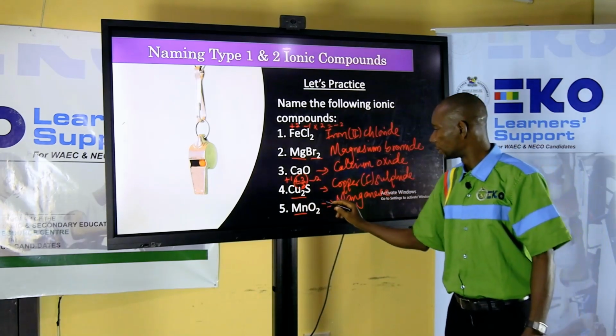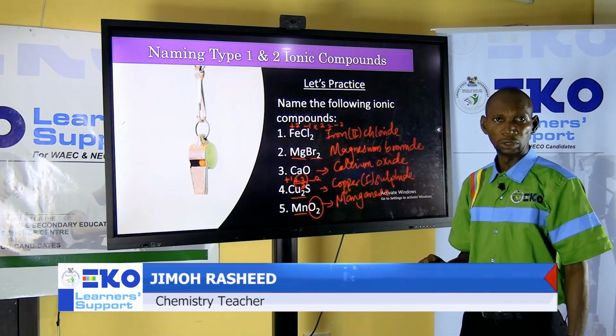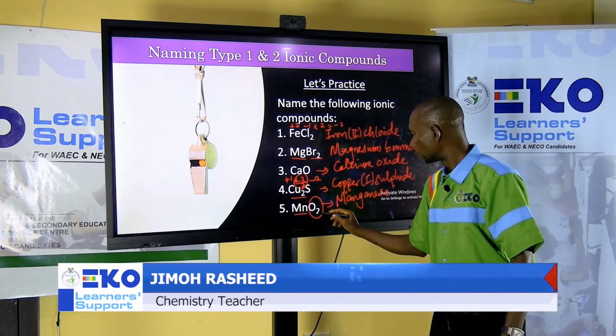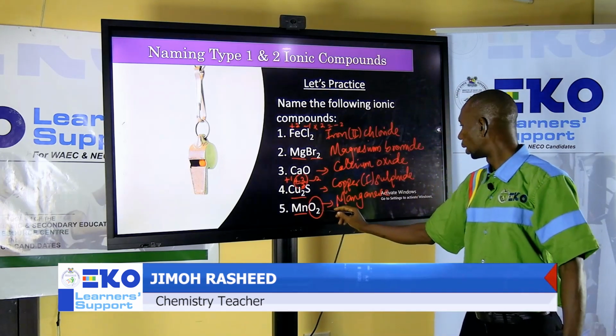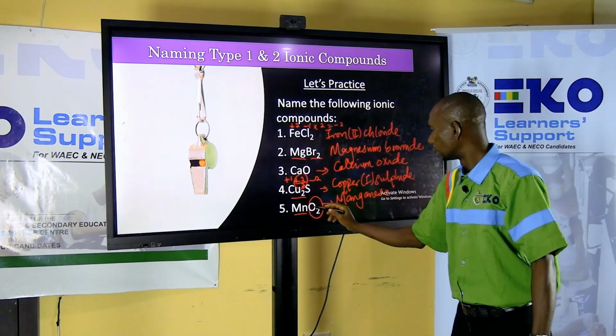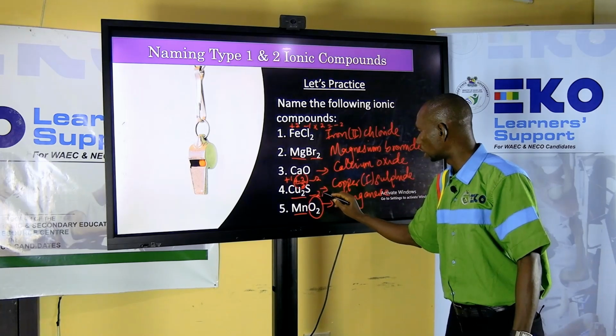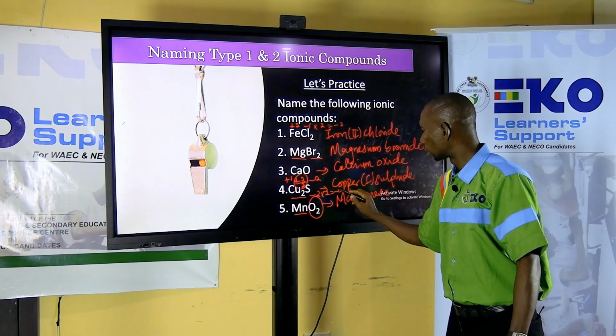Manganese. And then this is what? This is oxygen. So the oxygen there is 2, so don't say dioxide. But that means the oxidation state of oxygen has to be -2 times 2, which will be -4.